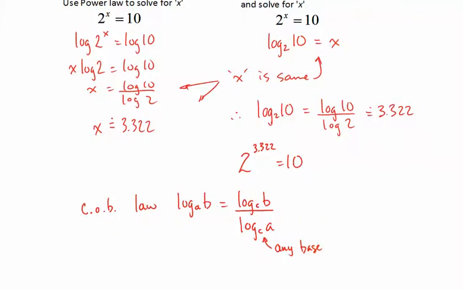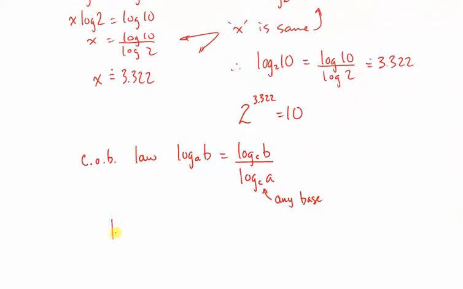Okay, so that allows me to say, for example, that log base 5 of 30 is equal to log 30 over log 5, which is now calculator ready because these are log base 10 values, where log base 5 is not on our calculator.